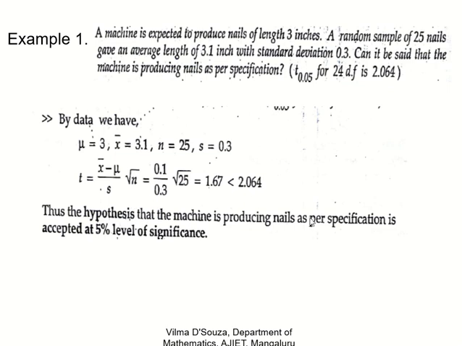You accept the hypothesis that the machine is producing nails as per specification at 5% level of significance.